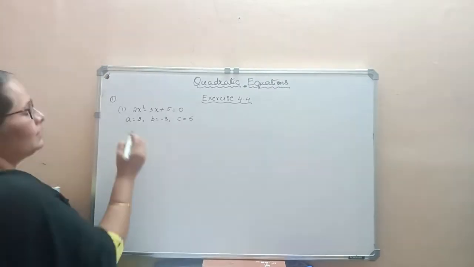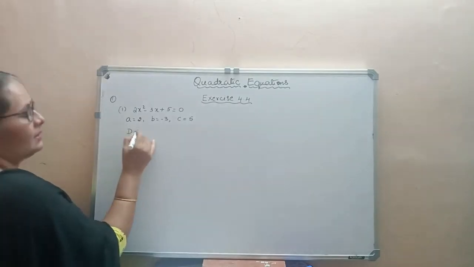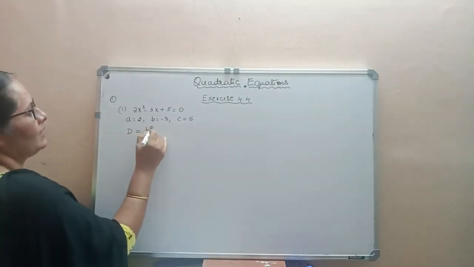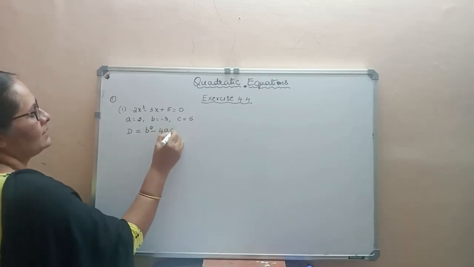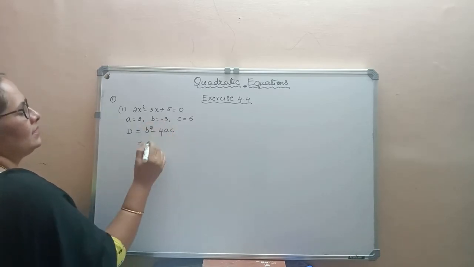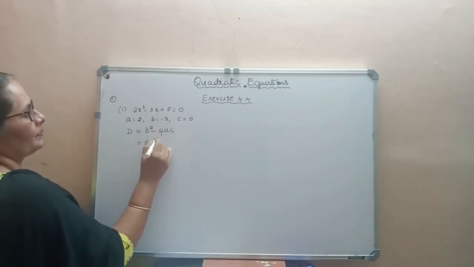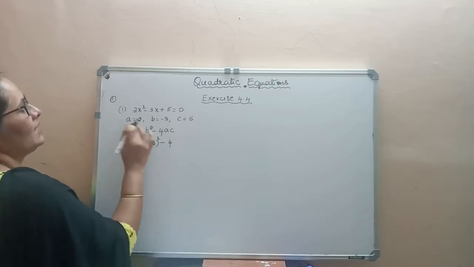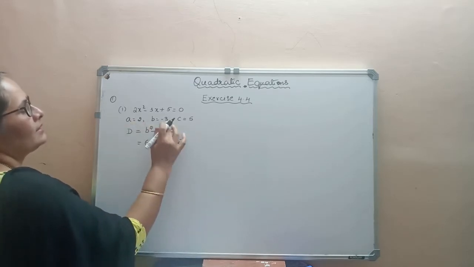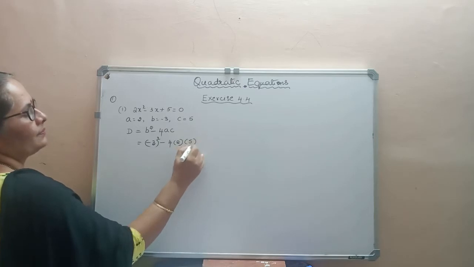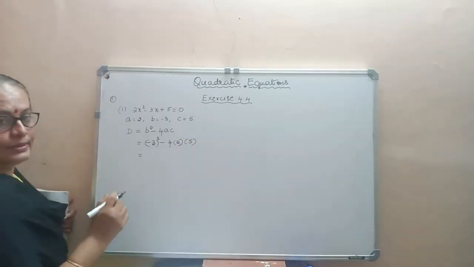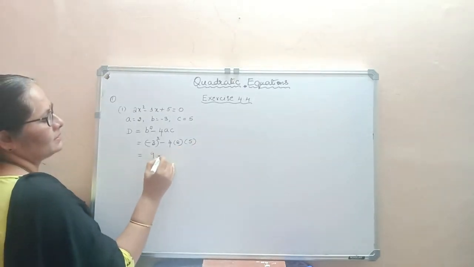Next, find the discriminant. Discriminant is b square minus 4ac. So what is b here? Minus 3. What is a? 2. And c is 5. So minus 3 whole square is 9.